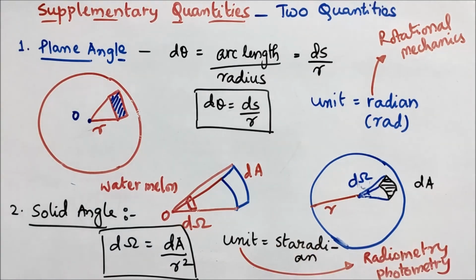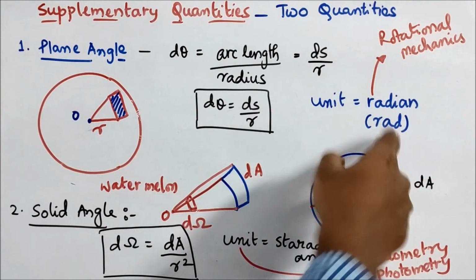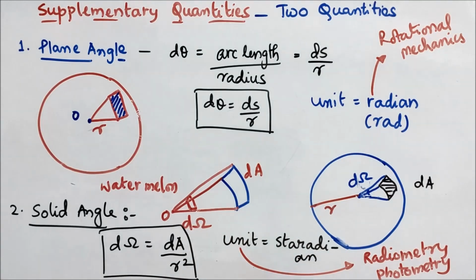When we discuss those topics, we will talk about them. So these are the two supplementary quantities which we have: plane angle, unit radian, and solid angle, unit steradian.